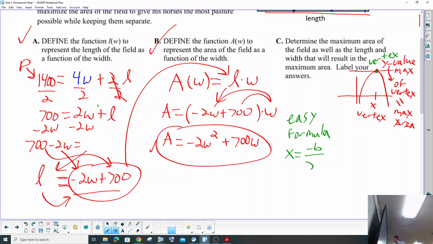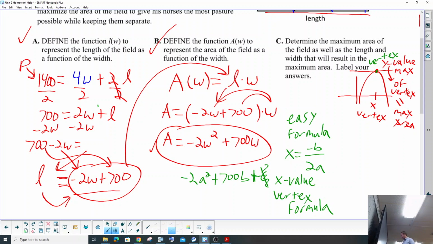And so that's going to be our x value vertex formula that you should memorize. So we're going to label our ABCs.